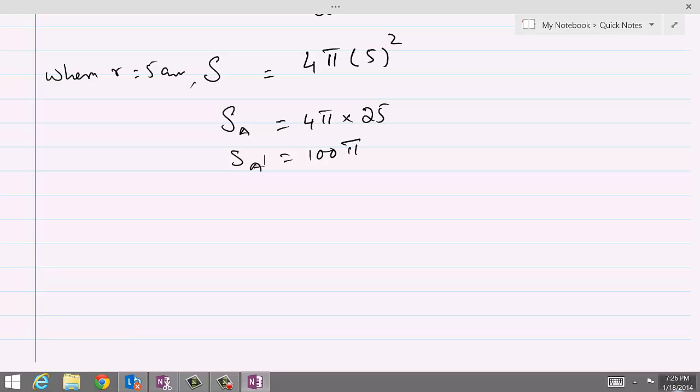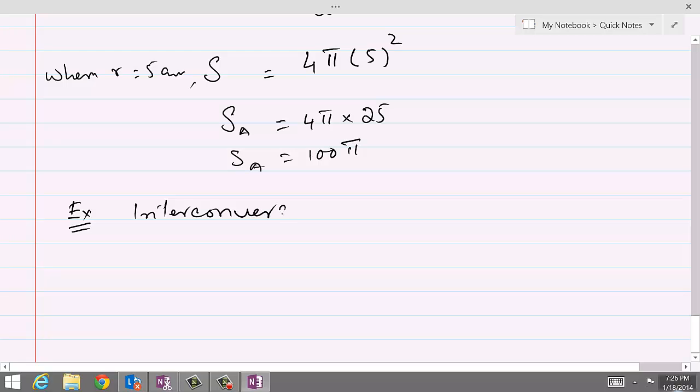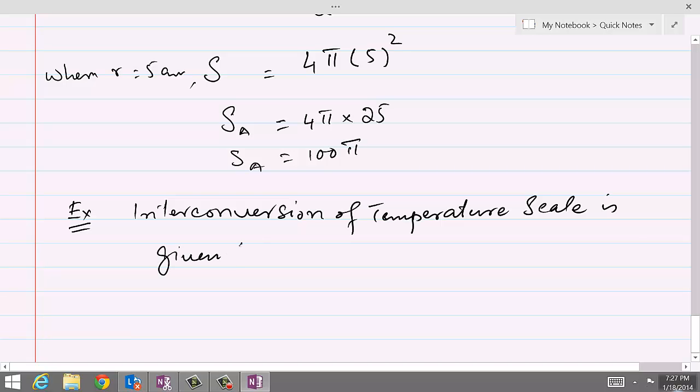The interconversion of temperature scale is given by, example, F equal to 9/5 centigrades plus 32.